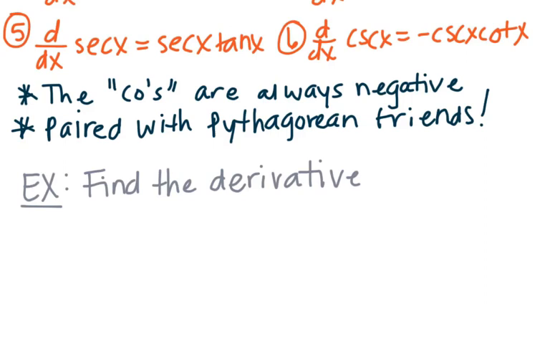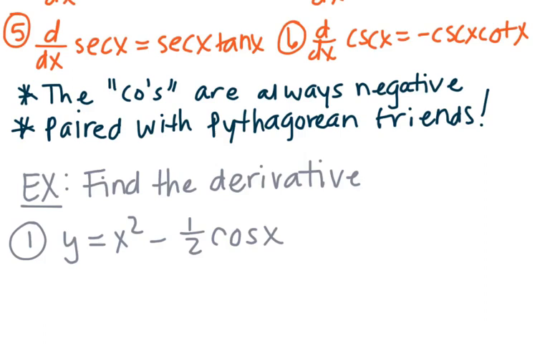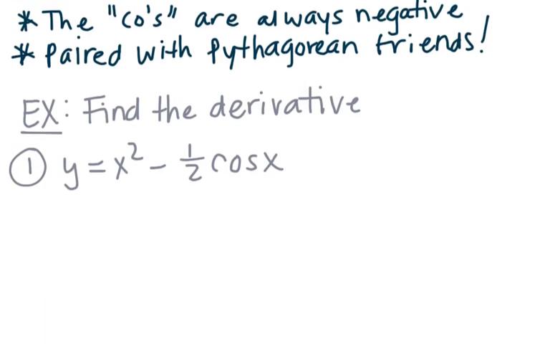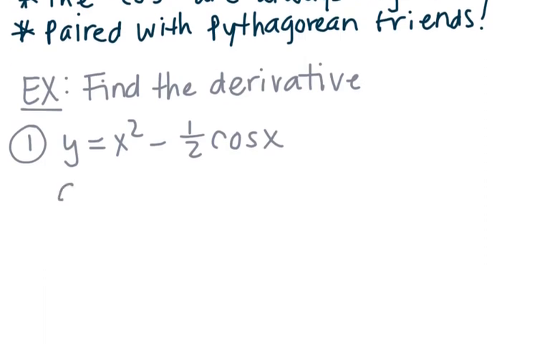So for our first problem, we're going to find the derivative of y equals x squared minus 1/2 cosine x. Alright, so we'll be using the power rule here. So dy dx equals 2x to the first, or 2x. This is a constant multiple here, so remember, he just gets to stay out front and we actually derive the function.